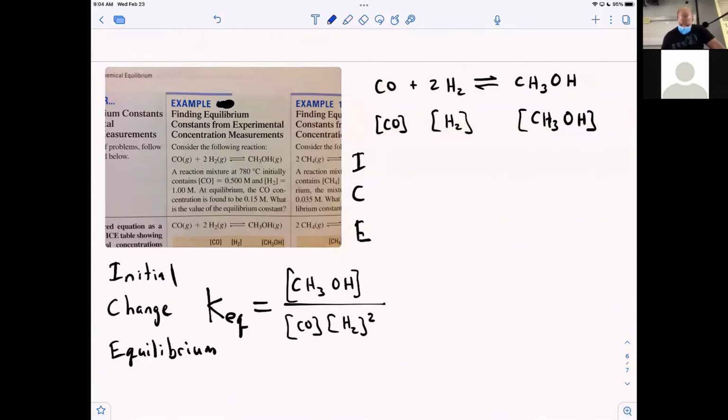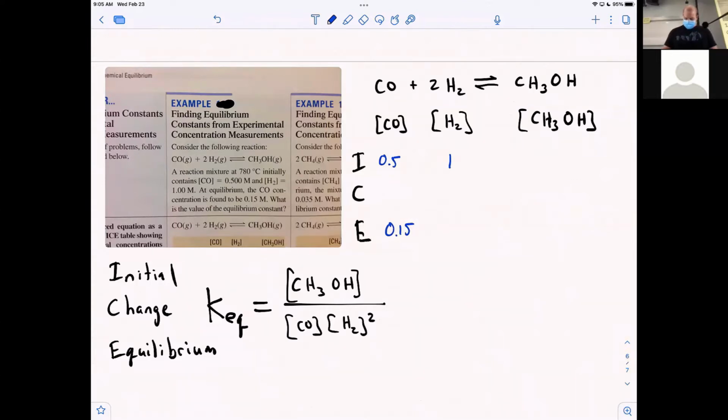Initially, carbon monoxide is 0.5 molar, hydrogen is 1 molar. And then at equilibrium, carbon monoxide is 0.15. Does that say equilibrium? Okay, so written there in blue, if you can see what I've just written, that's the given information.